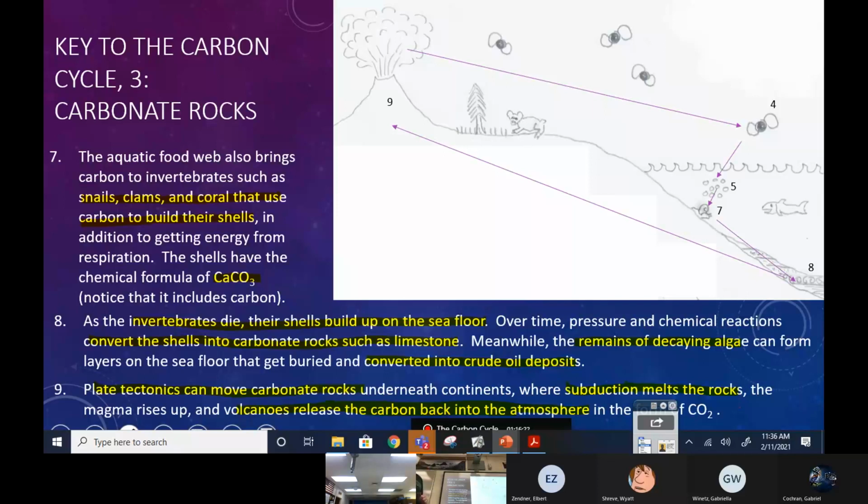So my suggestion for you when you're studying for this exam is to break down that big diagram into these smaller sections. Review one section at a time.